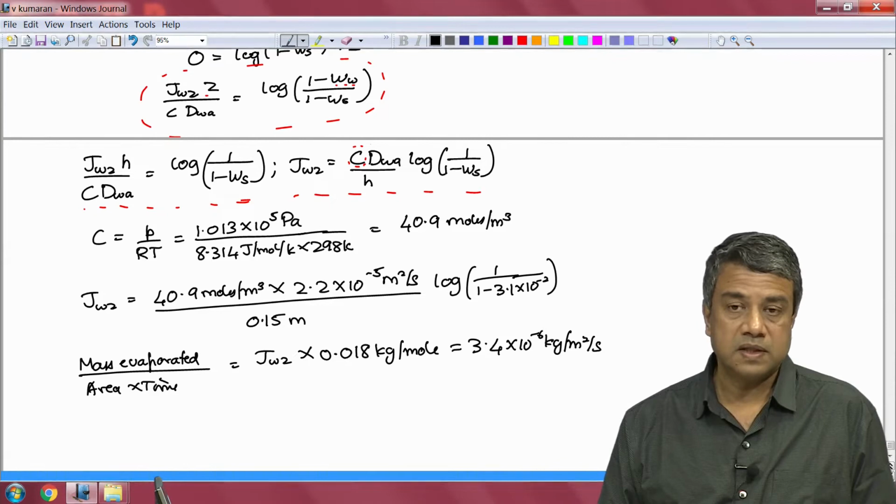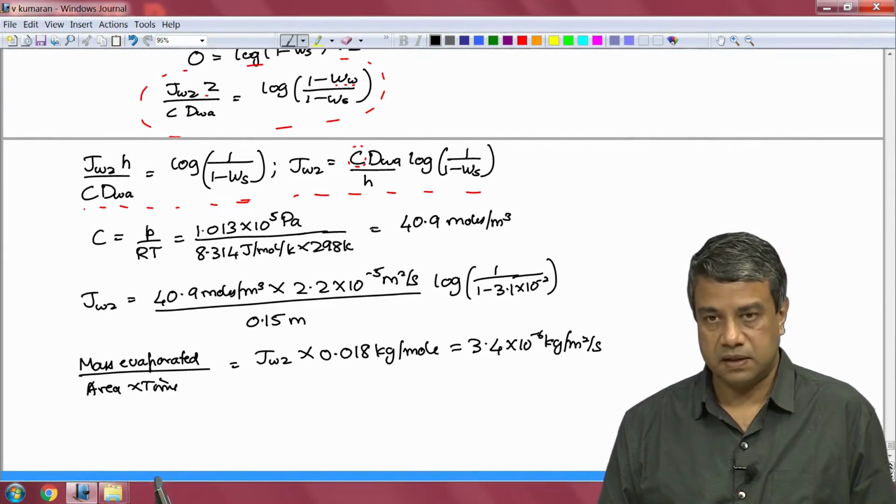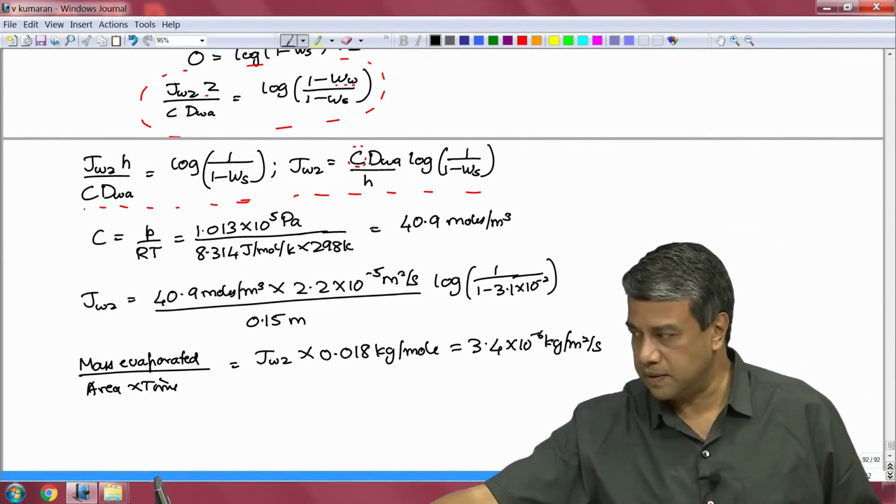Now, we need to find out what is the change in height of the interface. How much does it evaporate per unit time?